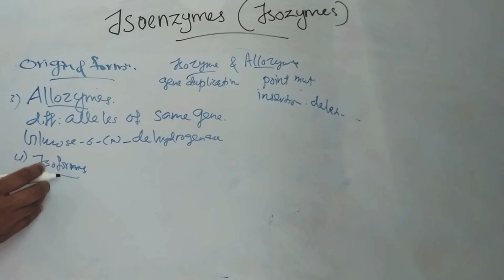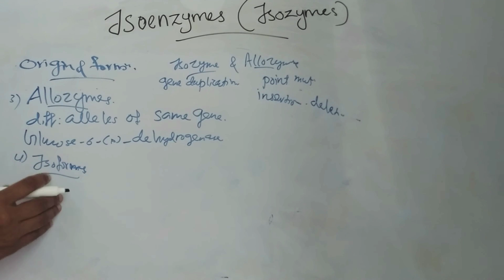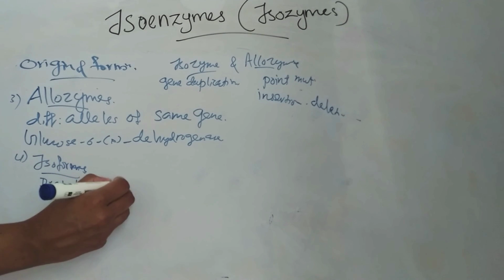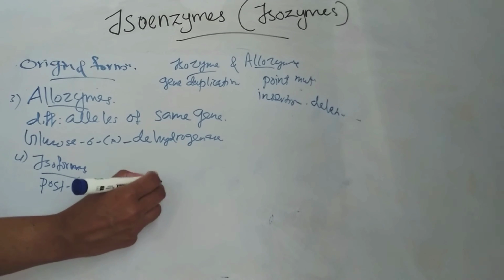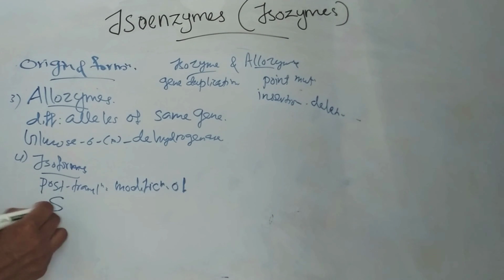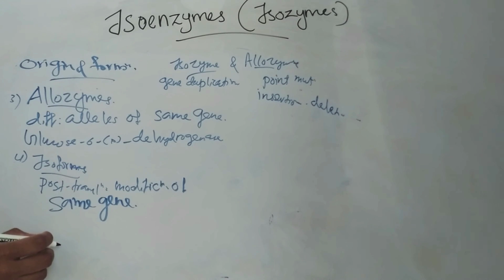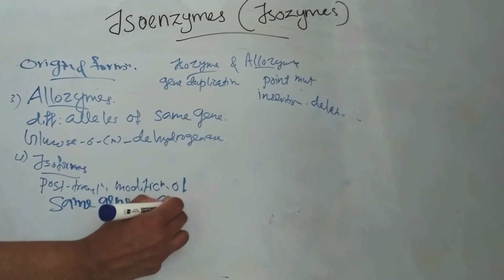The next one is isoforms. Isoforms are a result of post-translational modification of the same gene. For example, ALP.